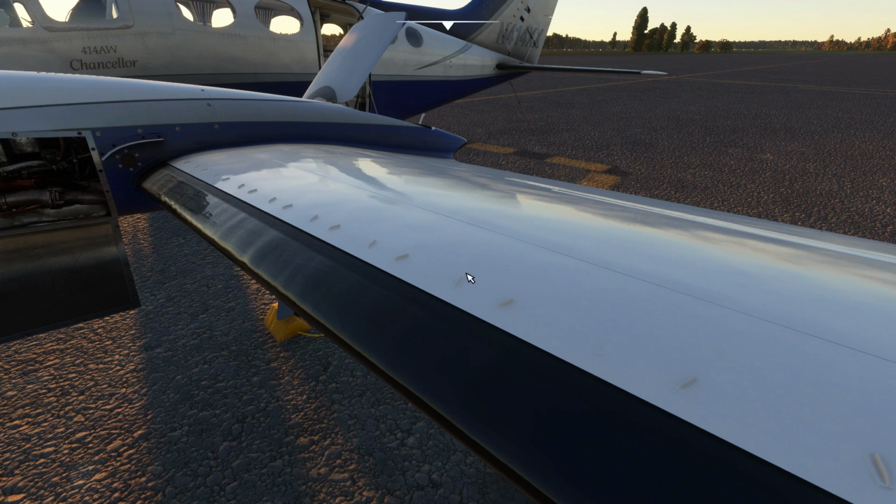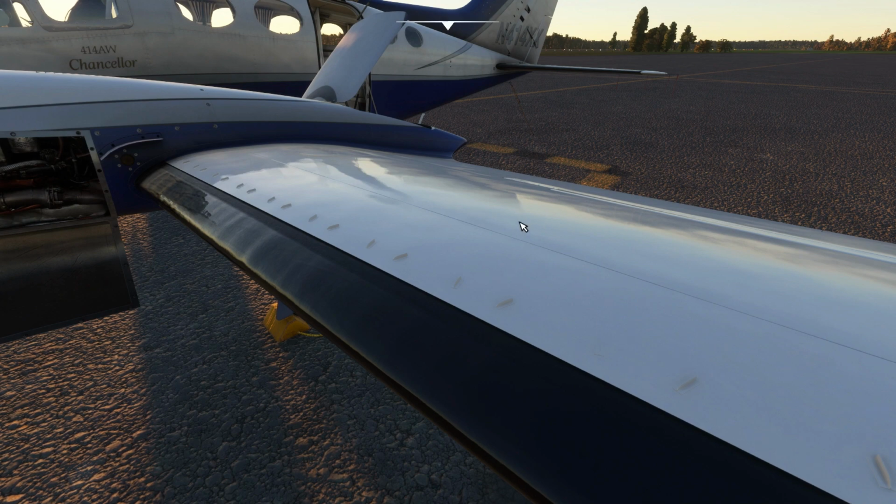These are just small. They energize the airflow within this small volume of air above the wing, so that the airflow stays in laminar flow more than it would without it.